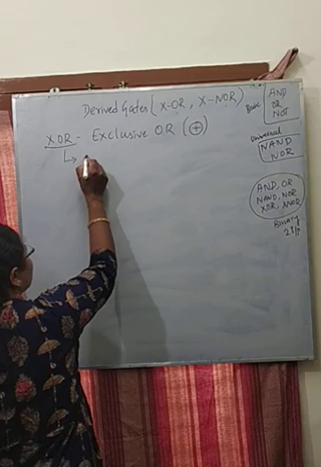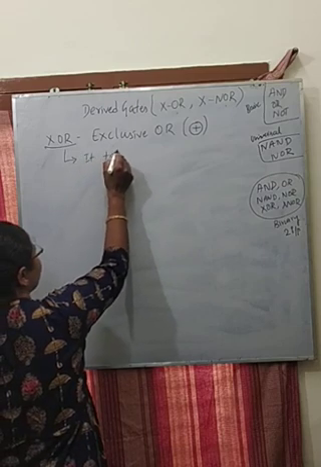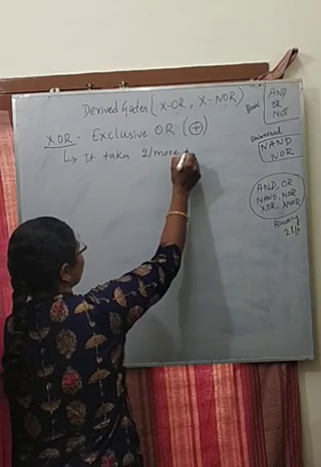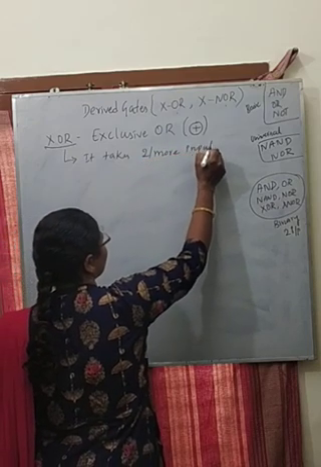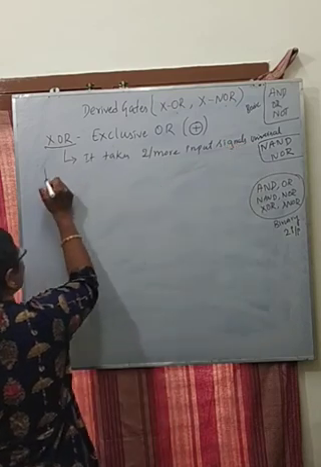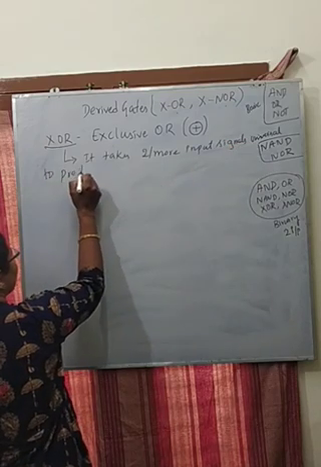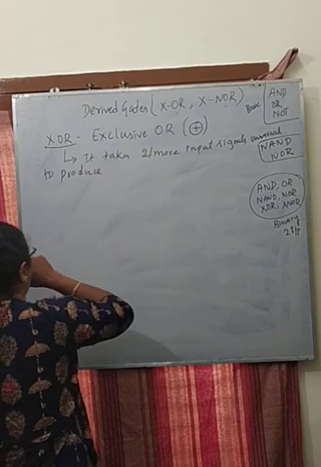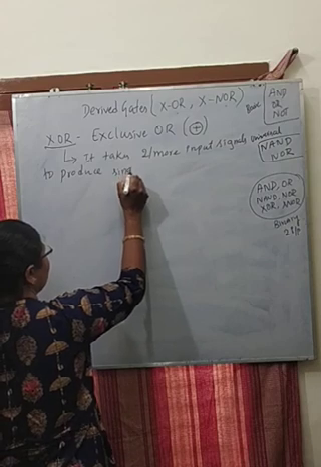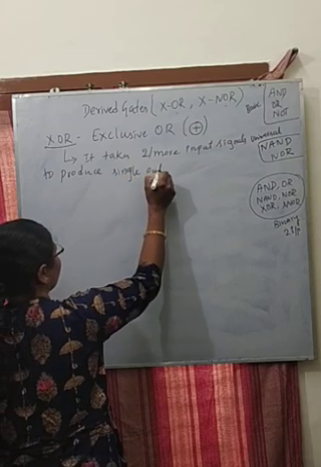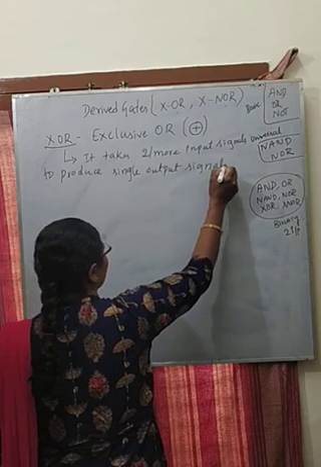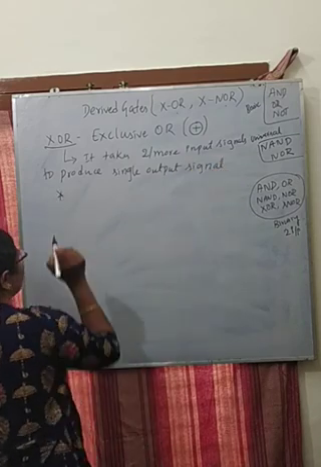Exclusive OR takes two or more input signals to produce a single output signal.